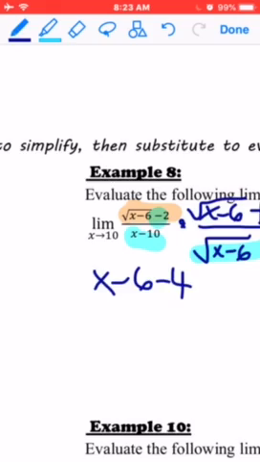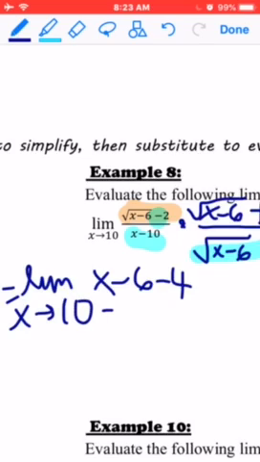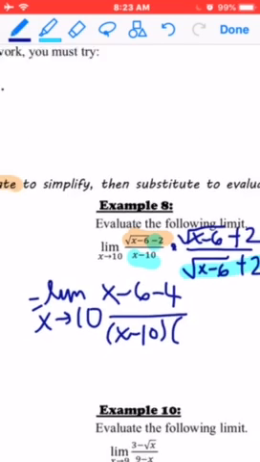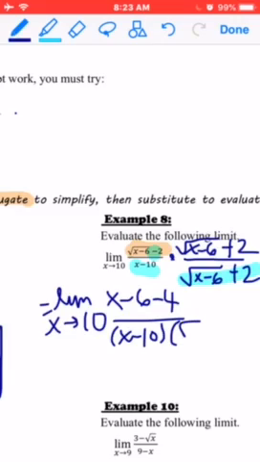Now we're at the limit as x approaches 10 of x minus 6 minus 4 all over x minus 10 times the square root of x minus 6 plus 2.